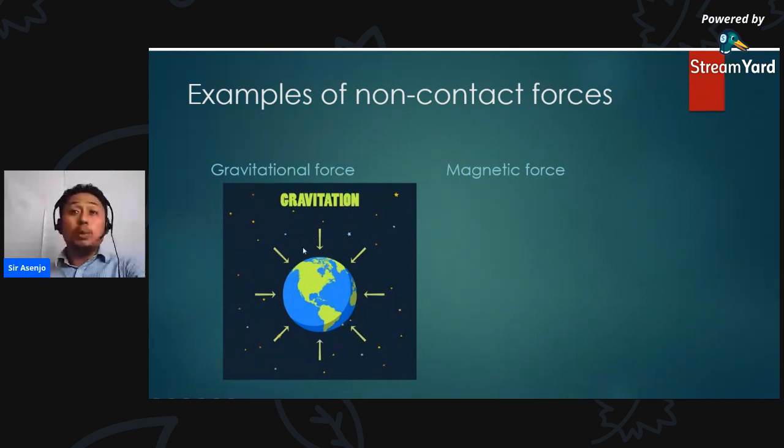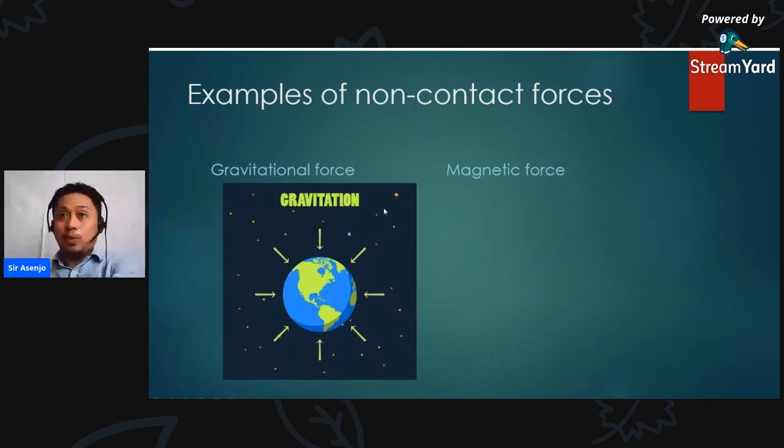It will pull you down. Just like when you jump from an airplane, the airplane is not touching the Earth physically, right? But when you jump, you will fall down because the gravitational force acts on you. So therefore, gravitational force is a good example of a non-contact force.